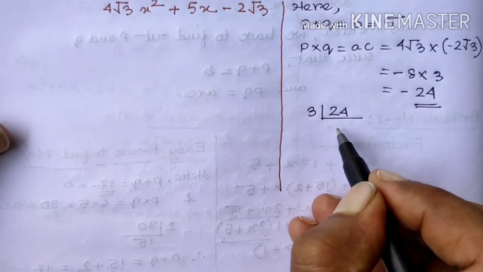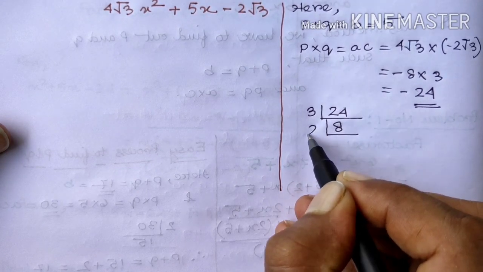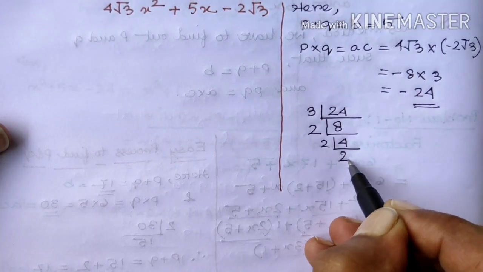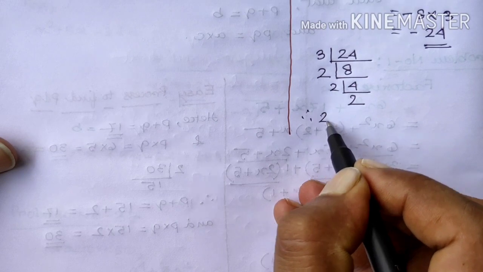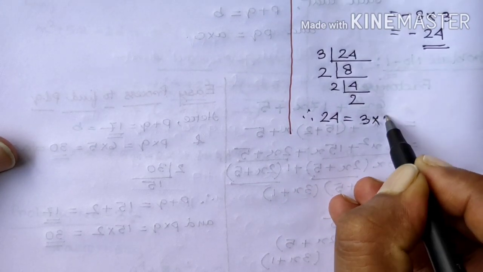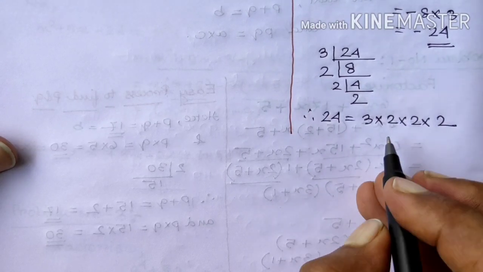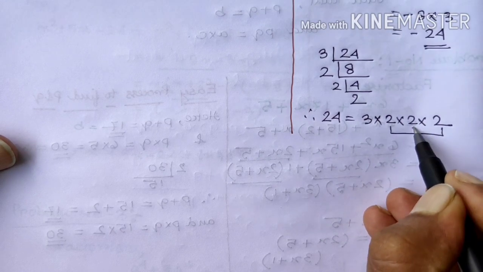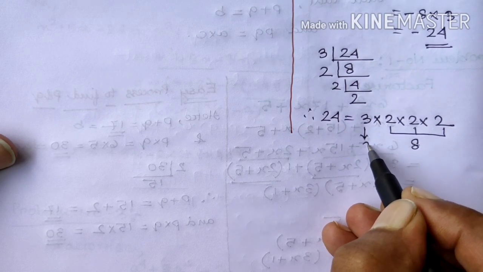We divide by 3 and we get 8, and by 2 equal to 4, and by 2 equal to 2. Therefore 24 equal to 3 into 2 into 2 into 2. After multiplying these 3 twos, we get 8 and we get 3 as 3.